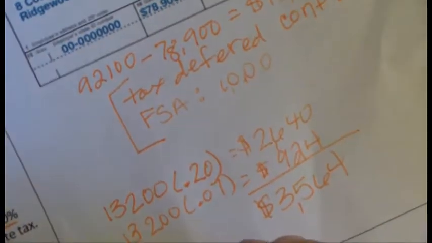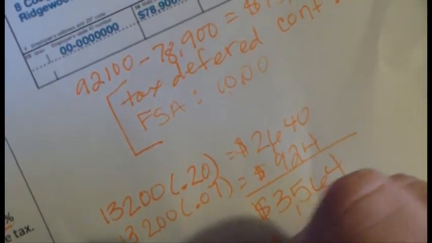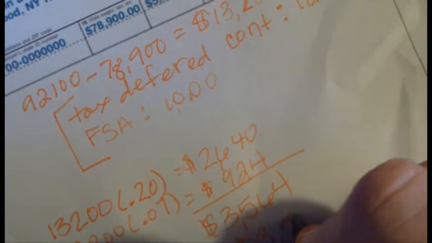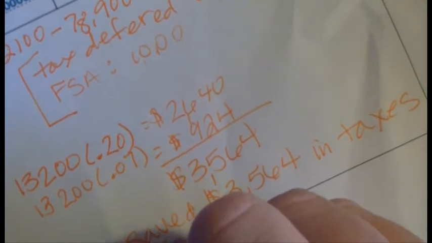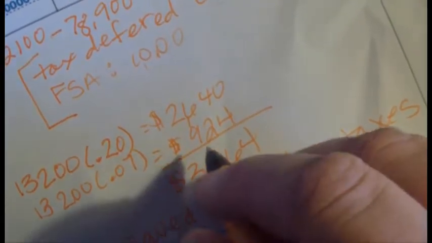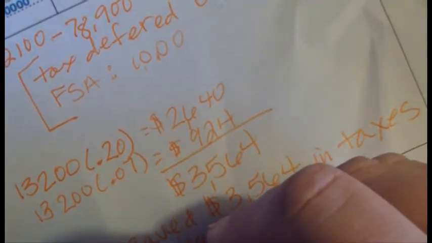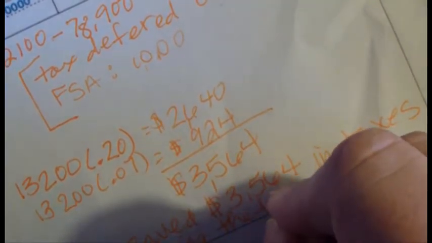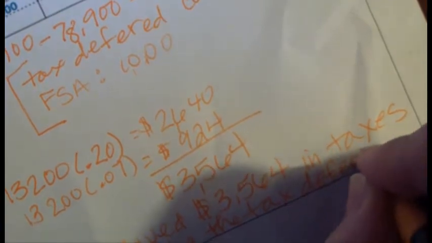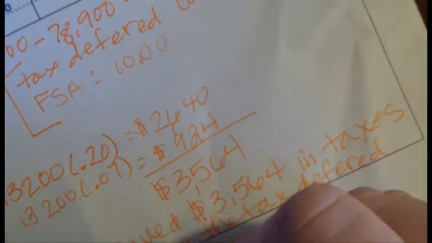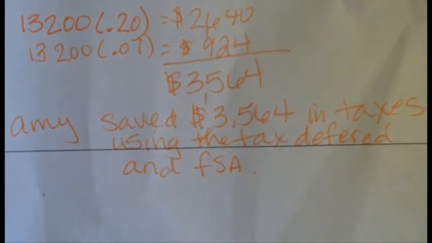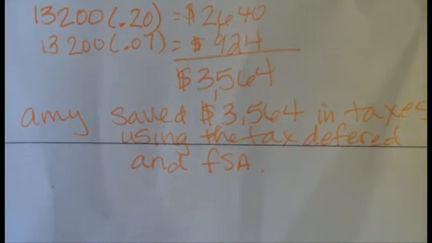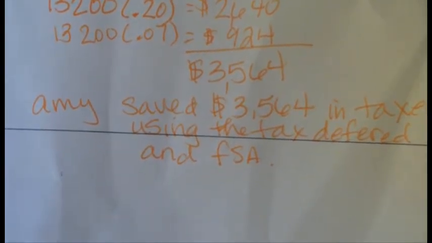So Amy saved $3,564 in taxes using the tax-deferred and flexible spending account. So that's the power of having those deductions, is that they're not taxed. So you end up saving money in taxes by taking those deductions.